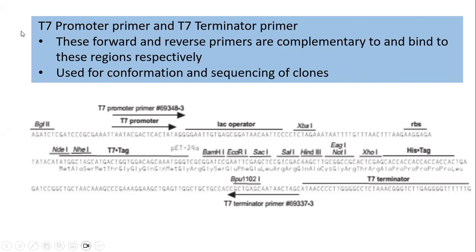Then we have the T7 promoter primer and the T7 terminator primer. So we basically have forward and reverse primers that will bind to these regions, and they are used for confirmation and sequencing of the clones that are generated or constructed.